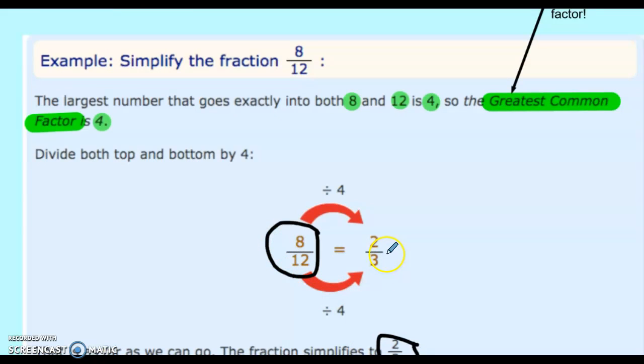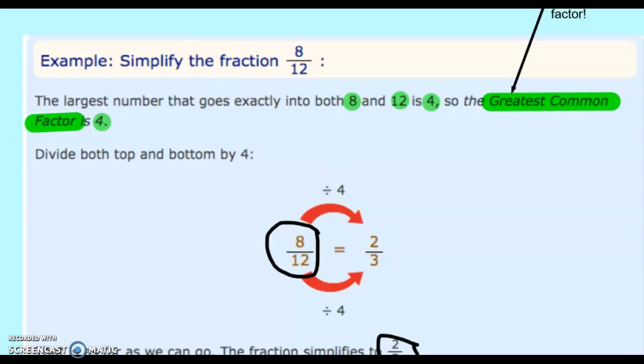So 8/12 is the same as 2/3. That's the simplest form that you can write it in. I would say just focus on multiplying the fractions together at the moment. If you want to really push yourself, then simplify the fraction down into its simplest form.